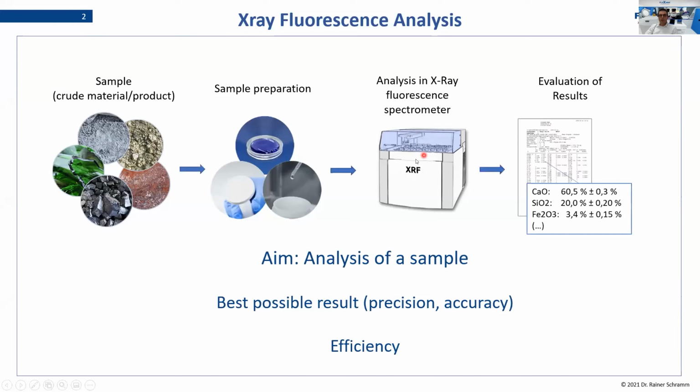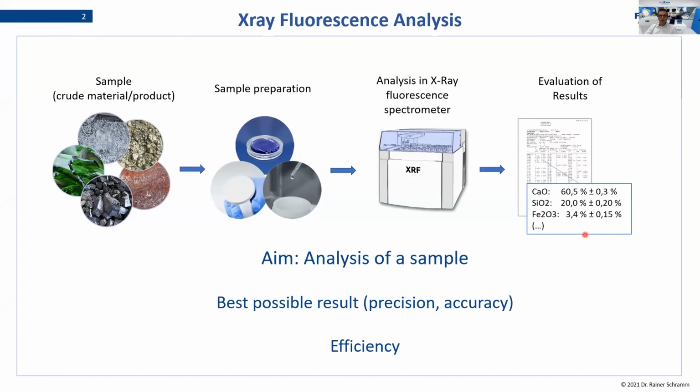And then you present this to an X-ray fluorescence spectrometer, which then is identifying and quantifying each element. That results in an intensity, and via calibration, this is then converted into a concentration. So that in the end, you get a report which gives you the elements, sometimes also expressed as a component, and you get the concentration values.